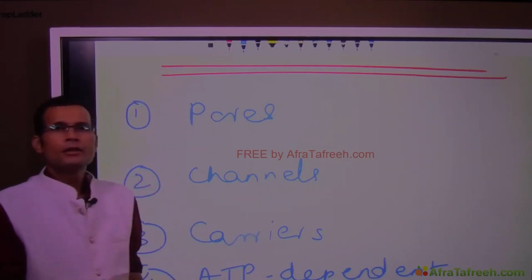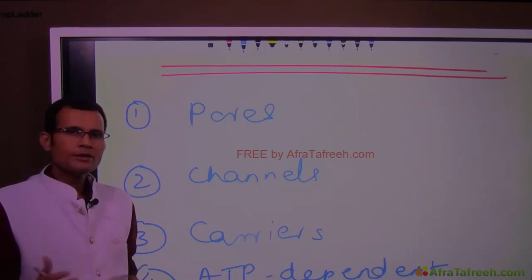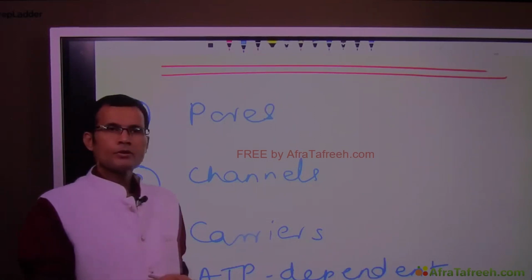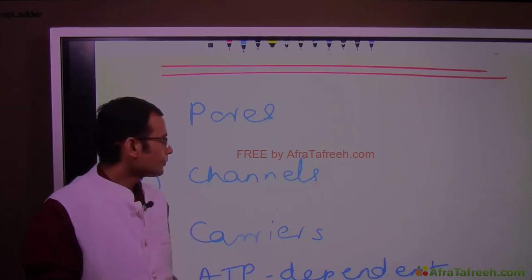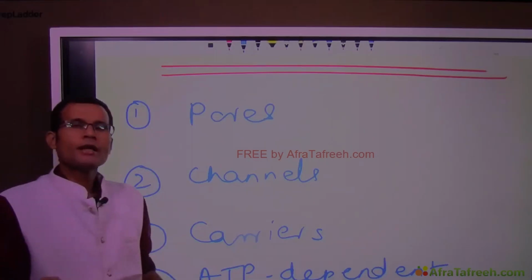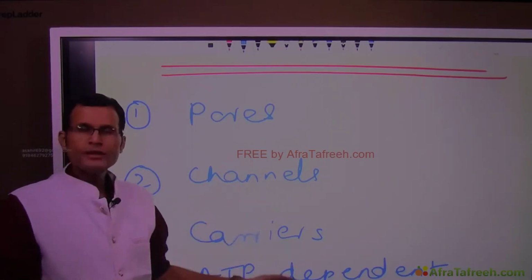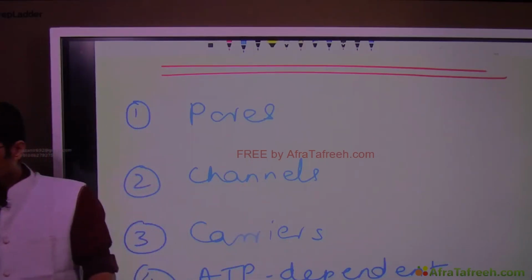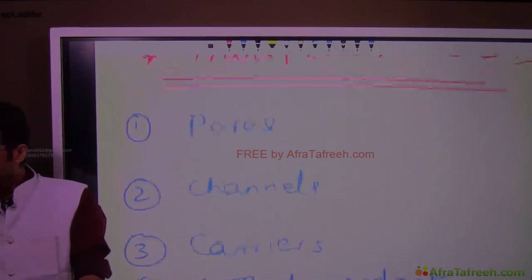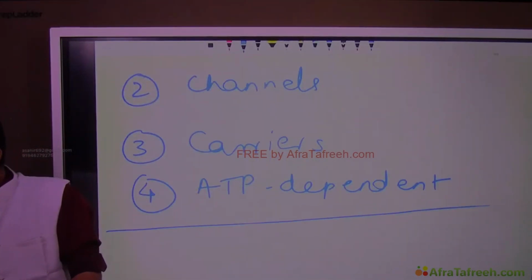Sodium channel, potassium channel, calcium channel, chloride channel. Of course, it's a sodium channel. So such questions have been asked from this particular segment. Let us discuss these transport proteins one by one.